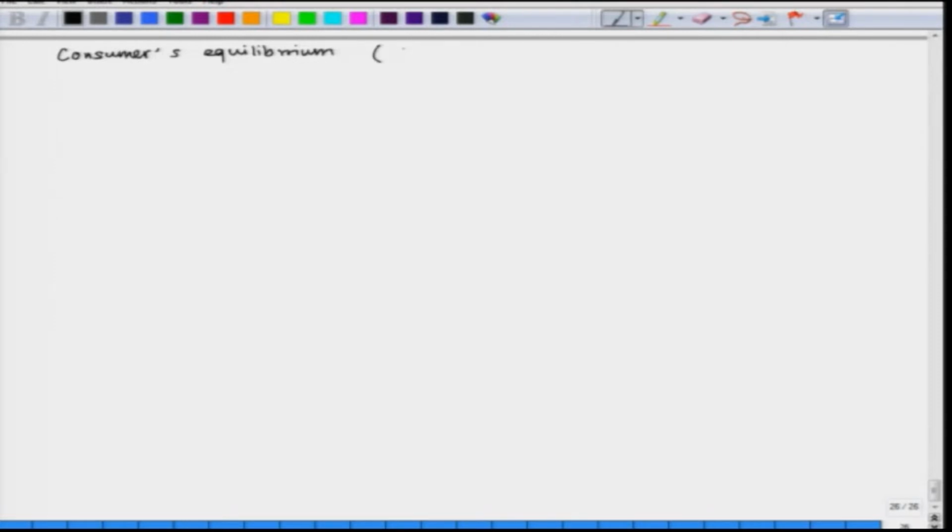And we are going to discuss case 2, let us call this case 2a, where the consumer saves in the first period. So, we will first start with the endowment point.